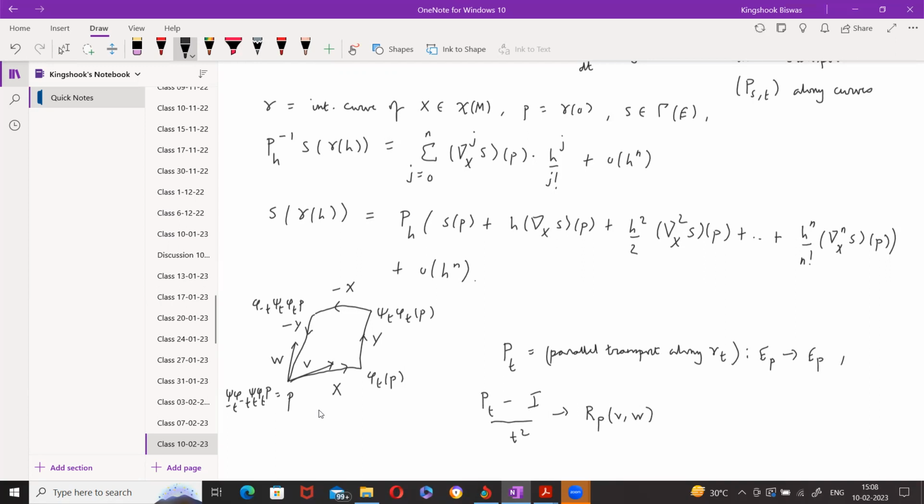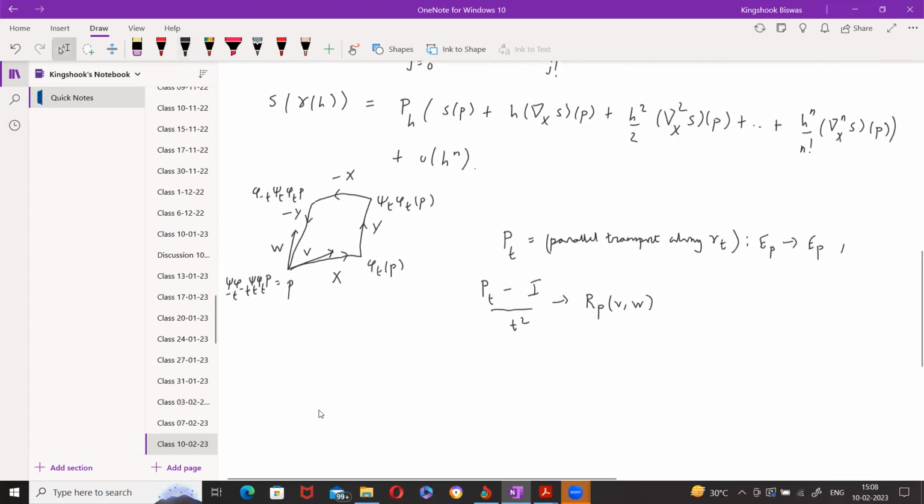Okay. So in other words, I can write this parallel transport PT as identity plus T squared into RP of VW plus little o of T squared. Right?